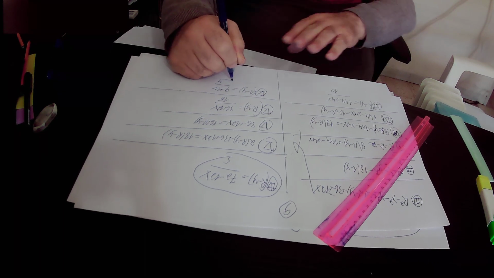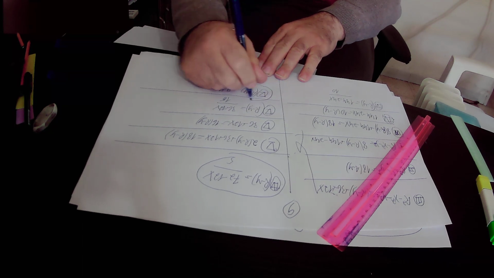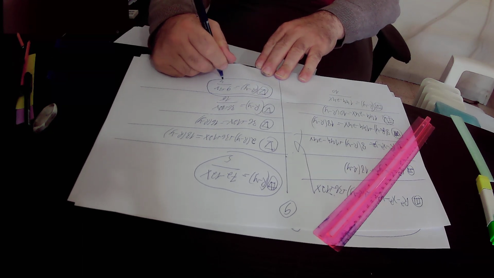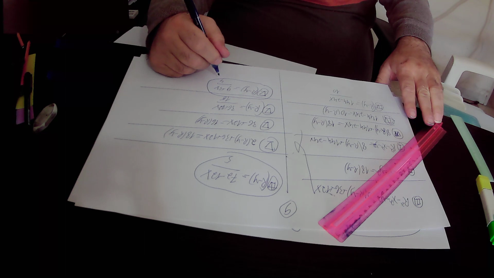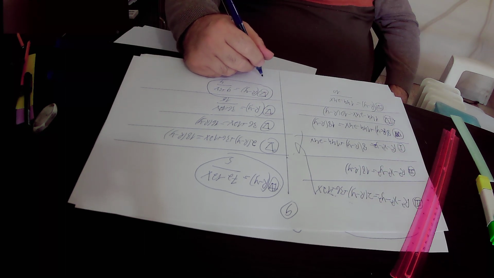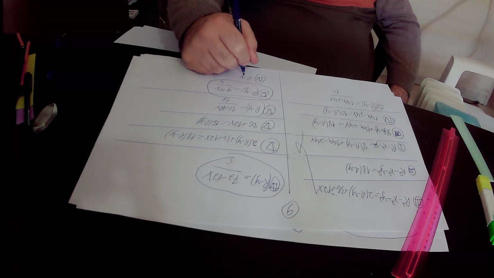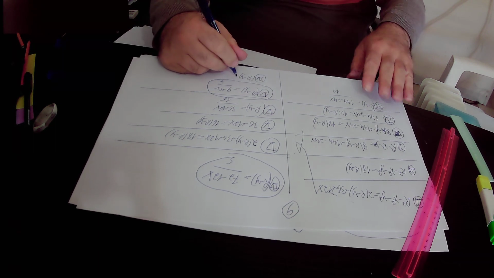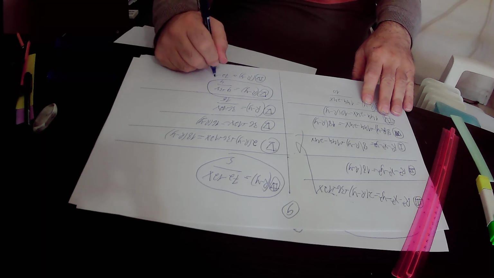So we found out that according to equation number 5, r minus y equals 9 plus 3x over 4, while according to equation number 4, we've already found out that r minus y is equal to 72 minus 12x over 5.